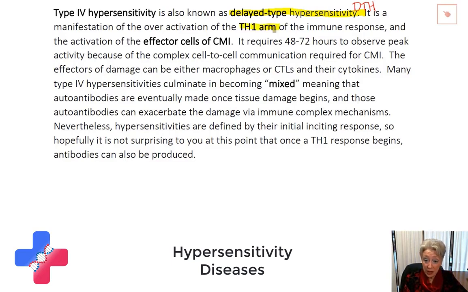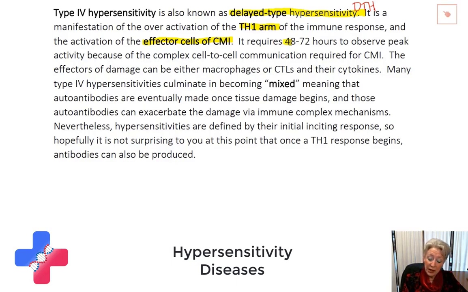In other words, an APC1 communicating to a TH1 and then turning on the effector cells of CMI, which may be either macrophages in that APC1, TH1, APC1 loop that I see with facultative intracellulars, or it may be a cytotoxic T cell that ends up being the one that's turned on.